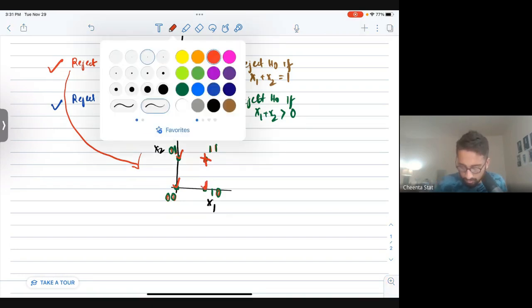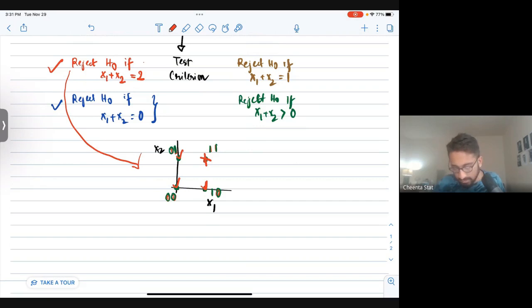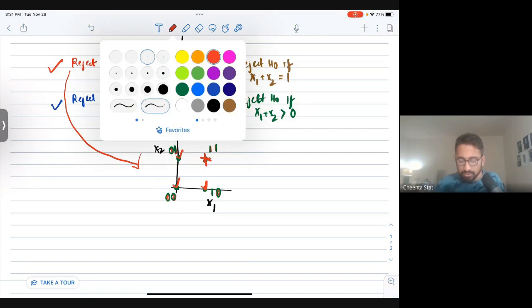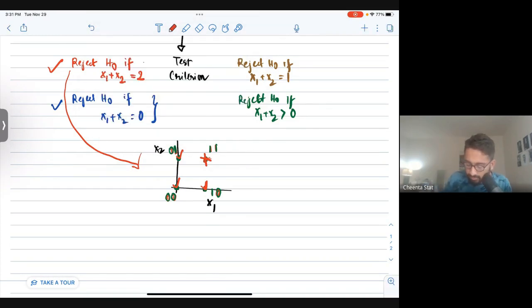So therefore, the tick is that it's accepting, and if it's a cross, that means it's rejecting. So essentially, what is this diagram that we have done? It's nothing but the sample space of the model of the data, x1 comma x2, all possible outcomes of the data.